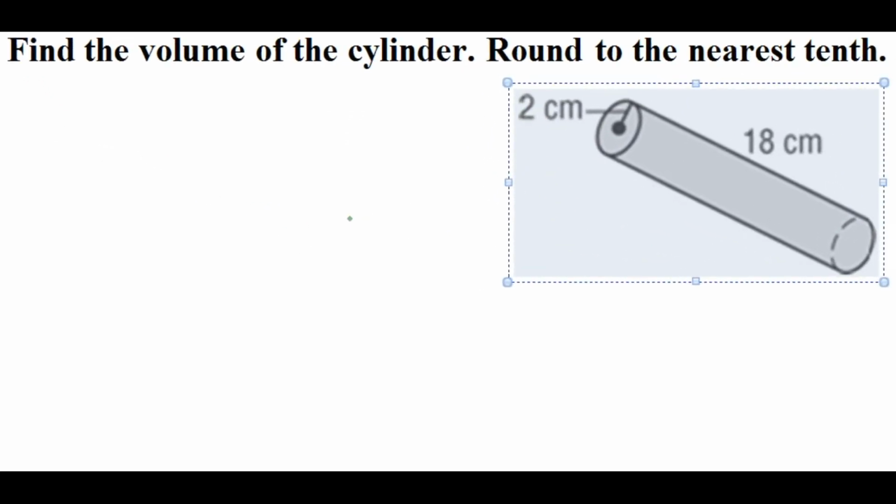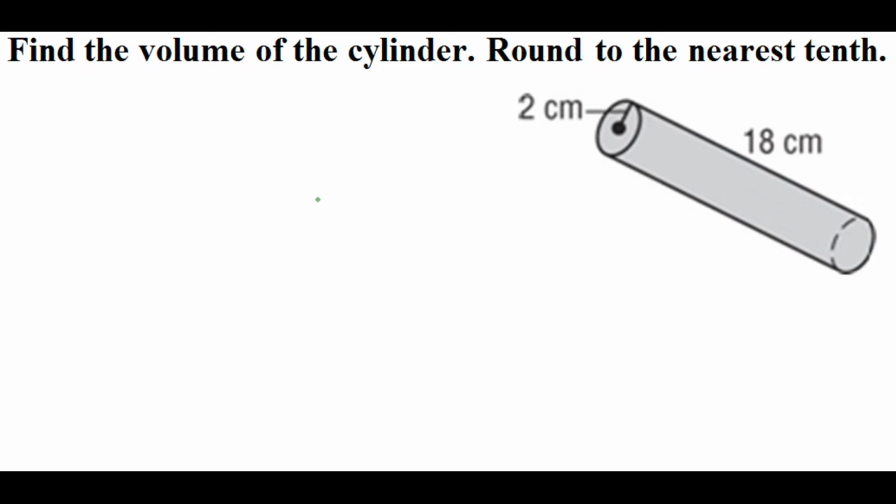Okay, our first example is find the volume of the cylinder, round to the nearest tenth. So in this case we have the radius and we have the height. So this one is our r and this is our capital H. In my first example I will be writing the general formula for the volume, which is V is equal to B times H. So what is going to be our base?